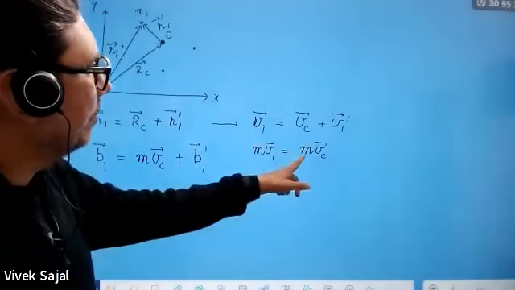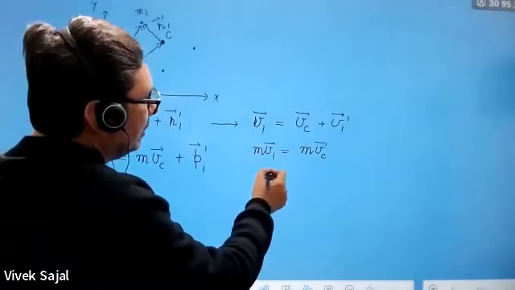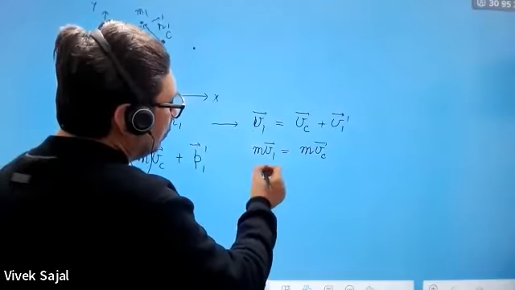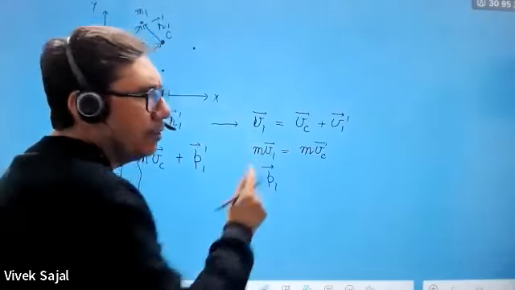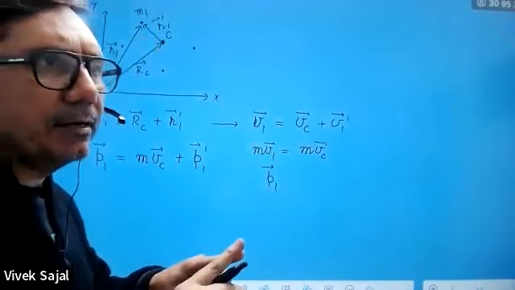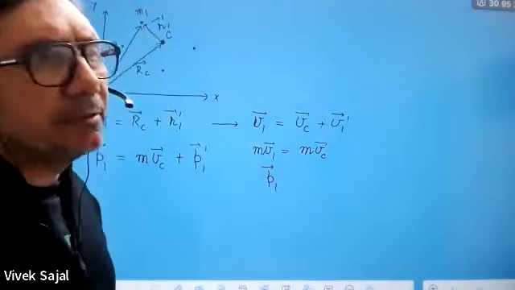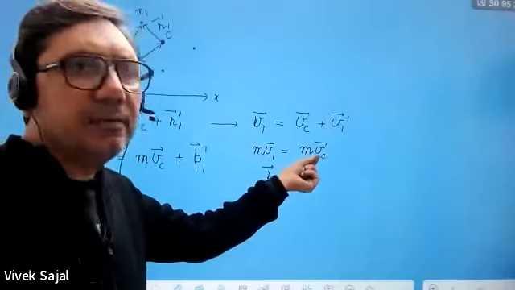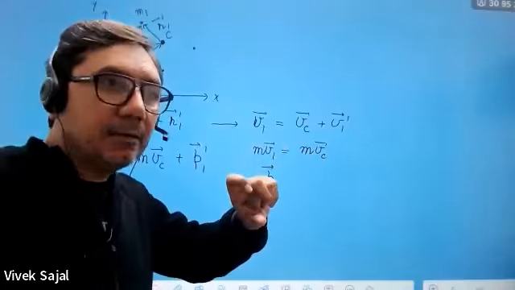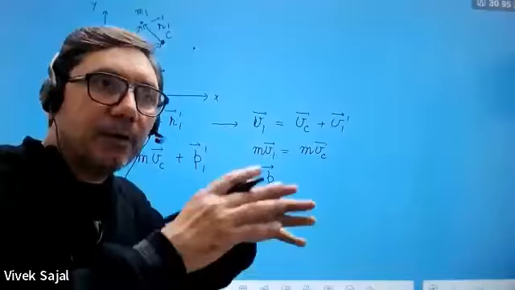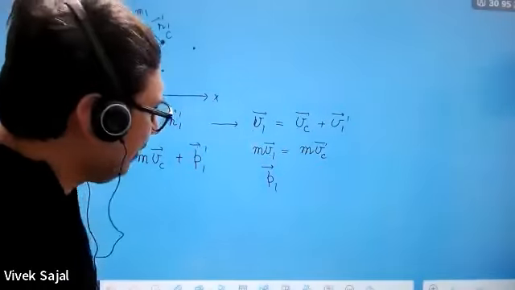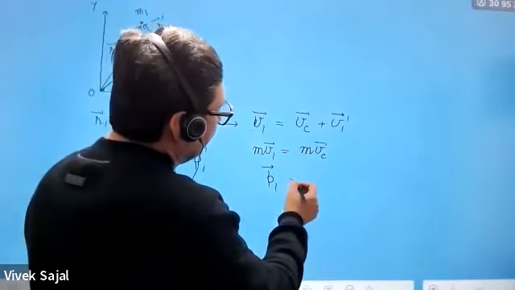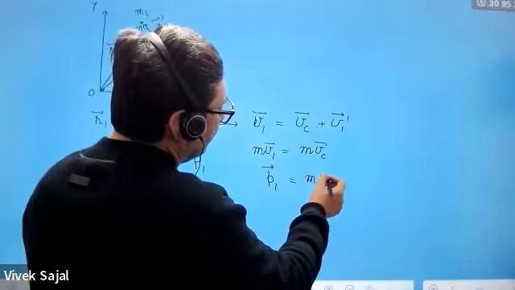This can be written as P1 because it is related to mass and velocity of the individual particle. So I'm writing it as P1. But here, this is the mass of a single particle, and this VC is the velocity of the center of mass for the complete system. So it will remain as it is, MVC.